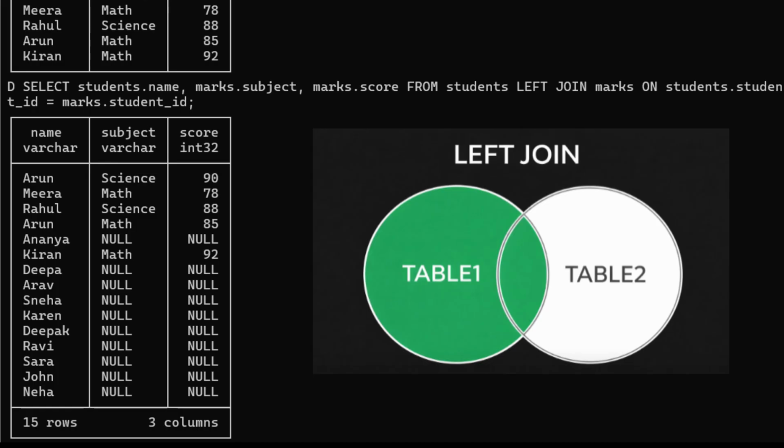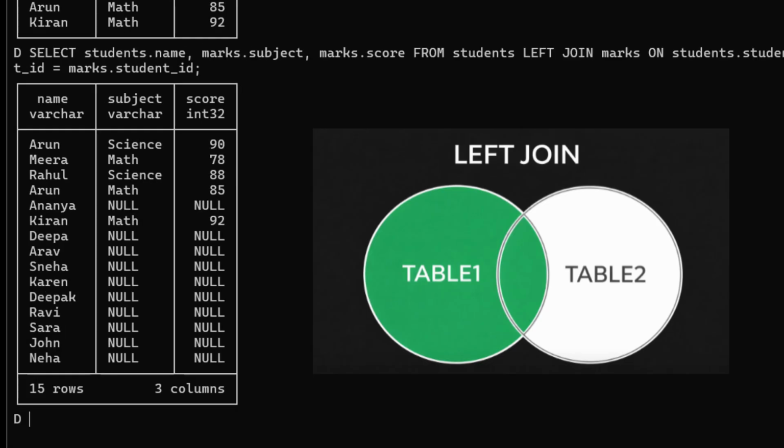Now you can clearly see the difference, right? If we imagine the tables like circles, inner join shows the overlapping part, and the left join shows the entire left table plus the overlapped part. So I hope it's clear.